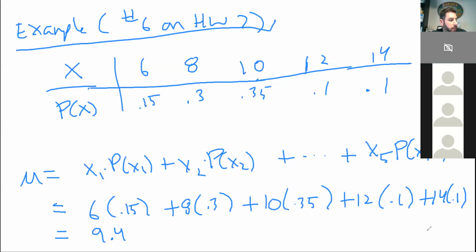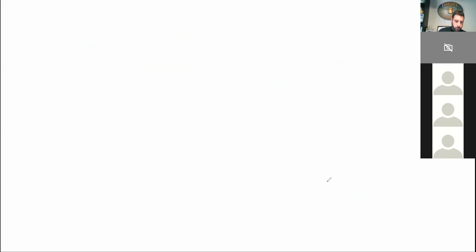To get the standard deviation or the variance, I guess we get the variance first and then take the square root for the standard deviation. To get the variance, we use the formula that we just wrote down. We have to sum this up slightly differently. We don't take just x, we take the squares.